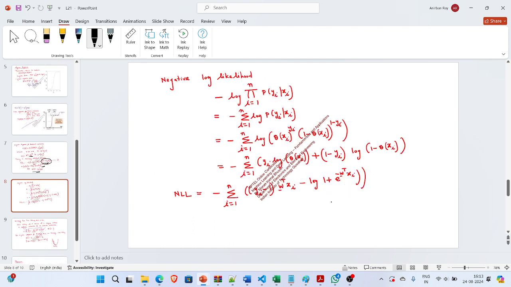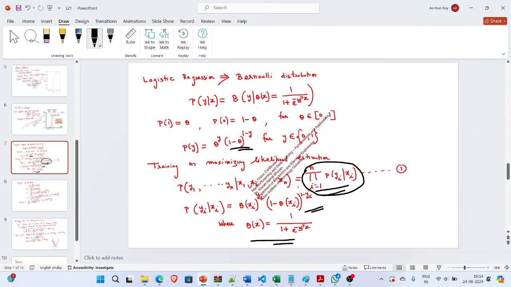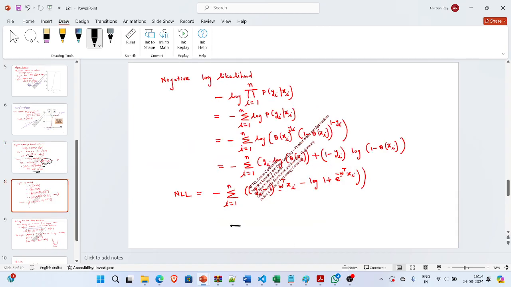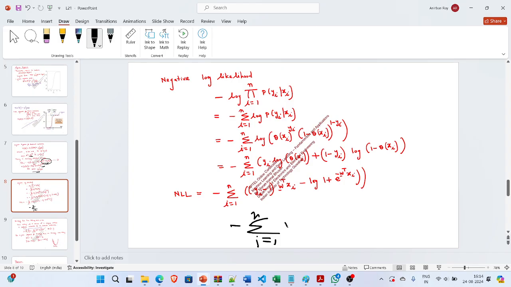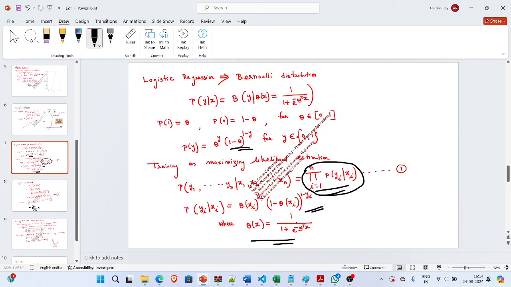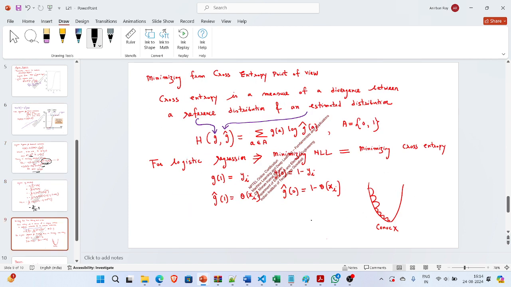And so we are calculating the negative log likelihood. How do we write it? It is going to be minus, it's a little complicated here, but we take log of it. So it becomes y, and usually we write theta as g of x. Means theta is not usually used, as a convention.